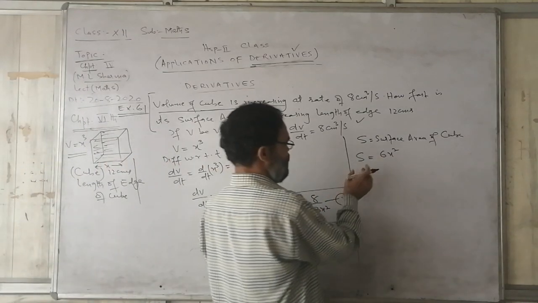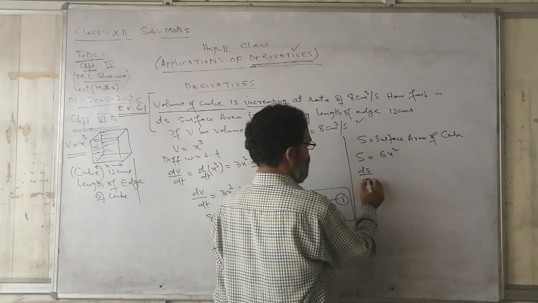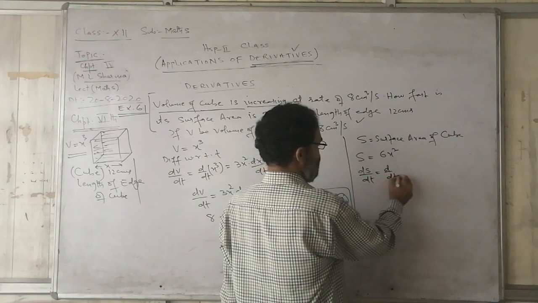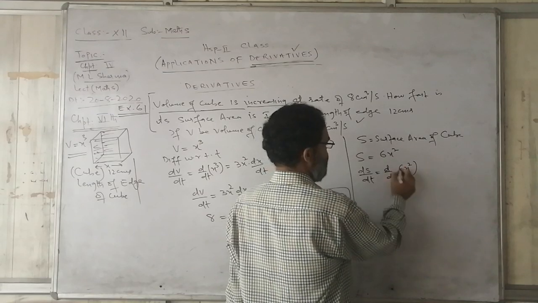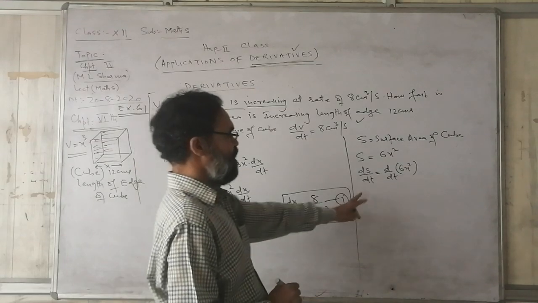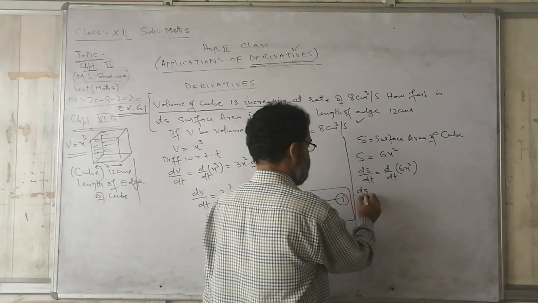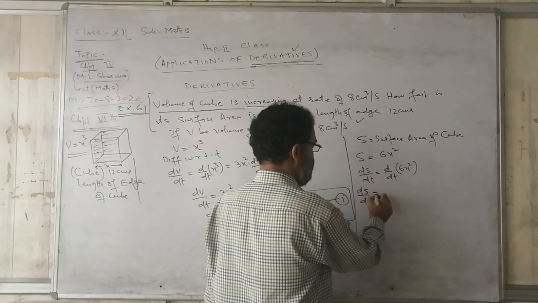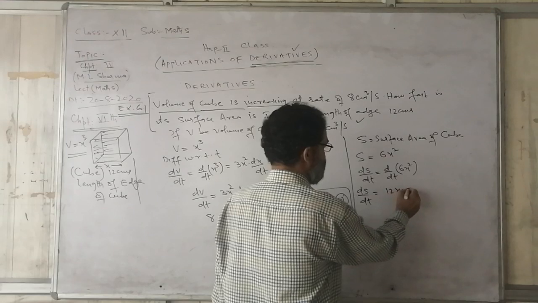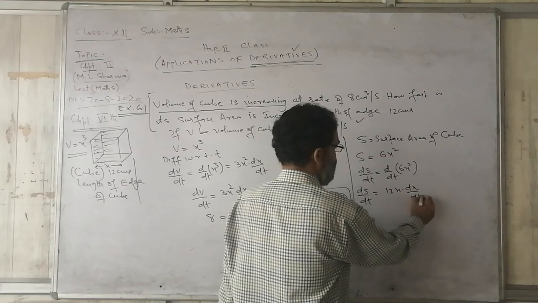So when rate of change is asked, that means dS upon dt, this will be d upon dt of 6x square. So I have differentiated with respect to t both sides. So dS upon dt will equal to 12x into dx upon dt.